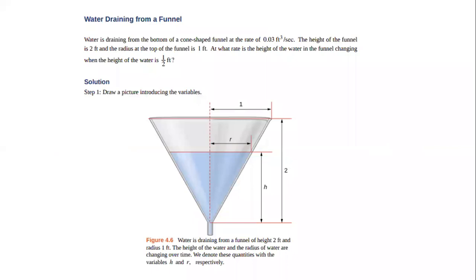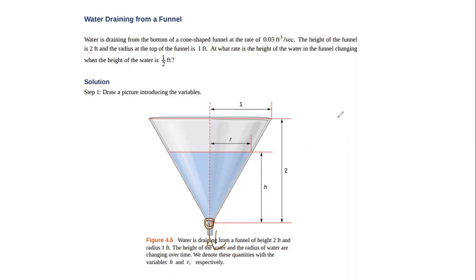There is one other thing: water is draining. Draining means that this point is the drainer, which basically decreases the height. So water is draining from the bottom of the cone at the rate.